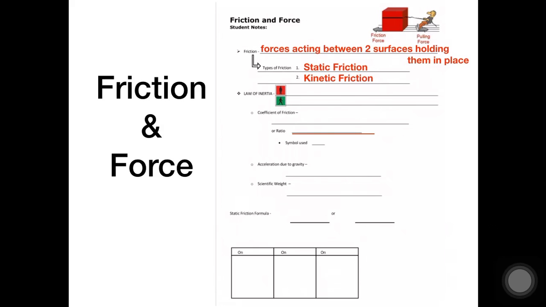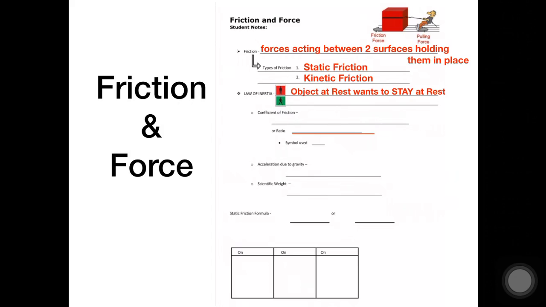Okay, the next thing we see there on our notes paper is the law of inertia. The law of inertia is one of Isaac Newton's, actually his first law. When we see what the law of inertia is, we look there and we see a guy standing in a red box.